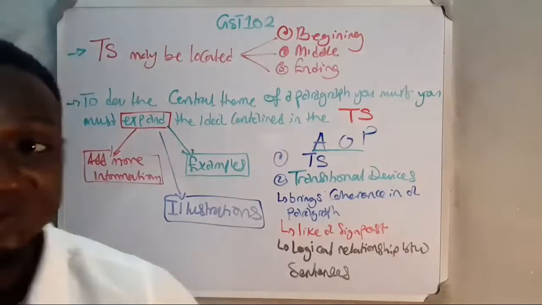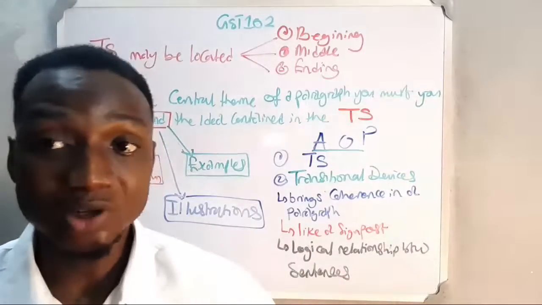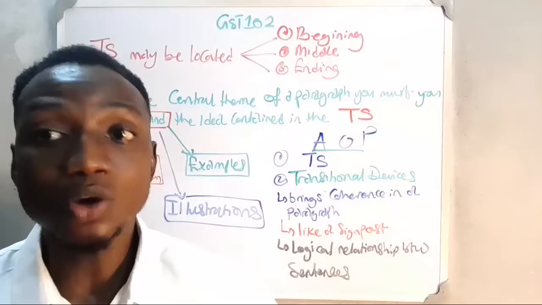GST 102 and 101 are always giving you things like synonyms and antonyms, what's closest in meaning or what's opposite in meaning.